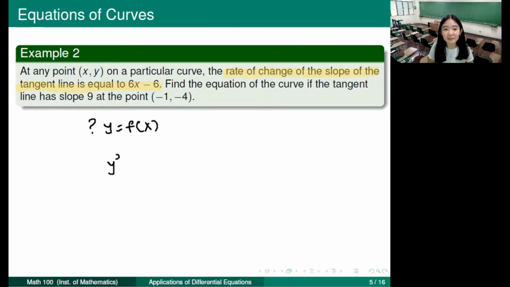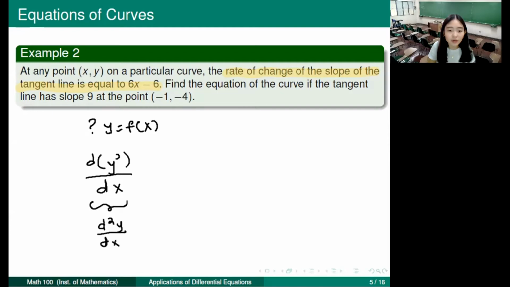Okay? Pareho lang naman yan. Pero here, what we want, in fact, is the rate of change of that. Okay? Pag sinabi rate of change, it gives you the signal to differentiate something, actually. Dito, rate of change of the slope. So dito, i-differentiate natin, actually, yung y prime with respect to x. Take note that this notation is also equal to d squared y over dx squared.